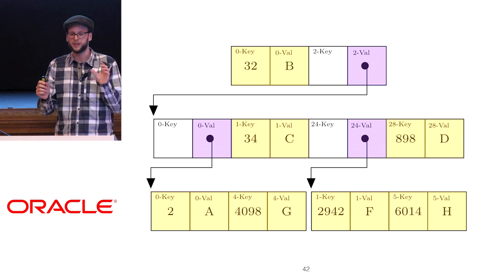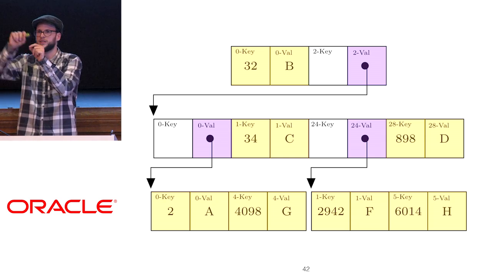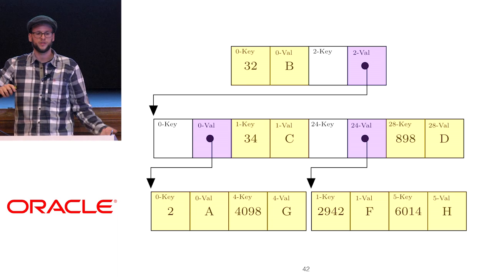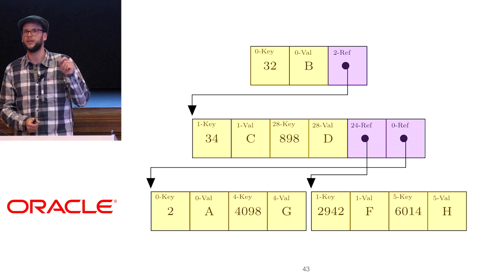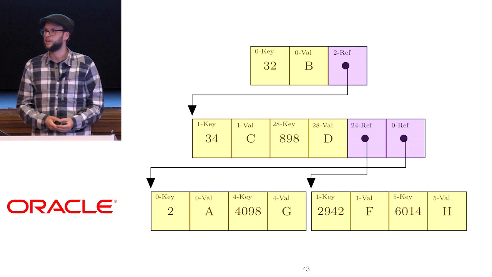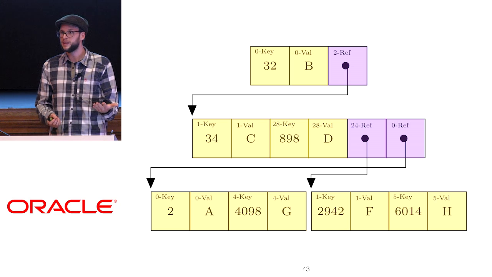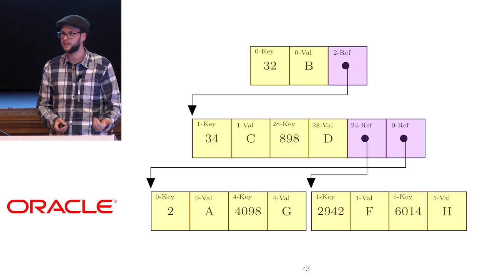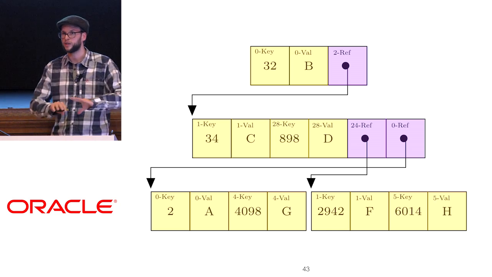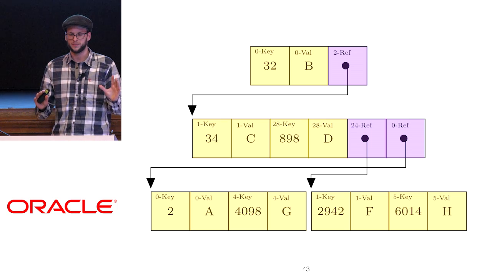So you had a mixture of key-value pairs, empty slots and subnode references. Once you do the permutation, you can actually get rid of all these empty slots as well. So you save memory, but you also get better cache locality, and you can exploit that layout in the code.